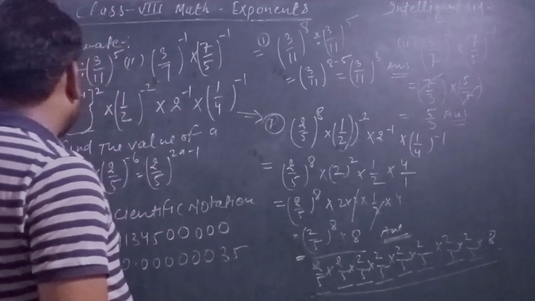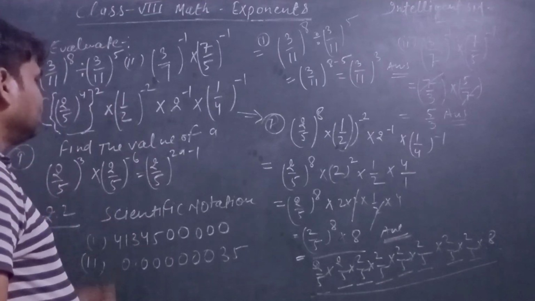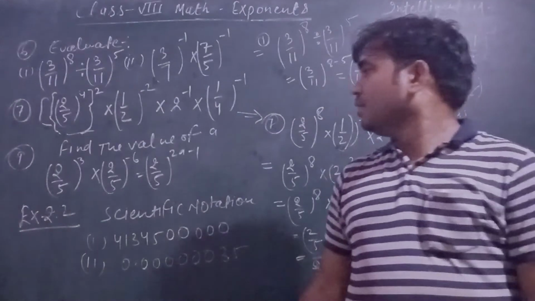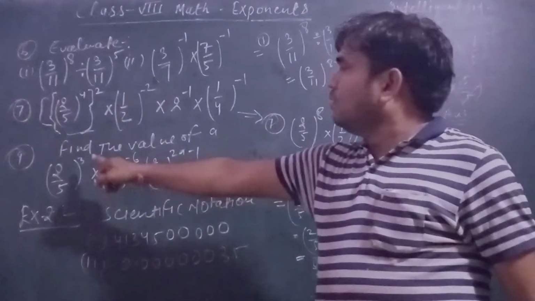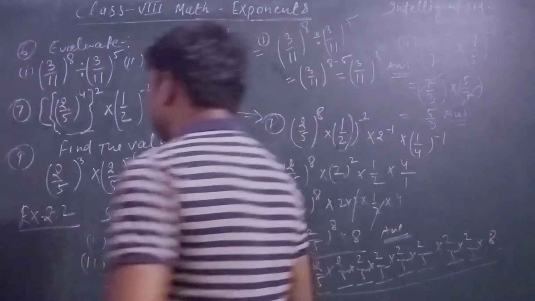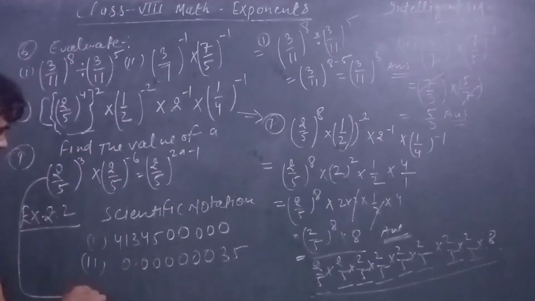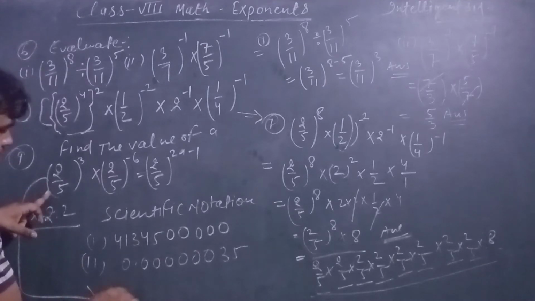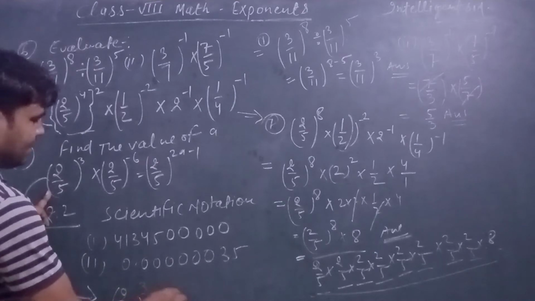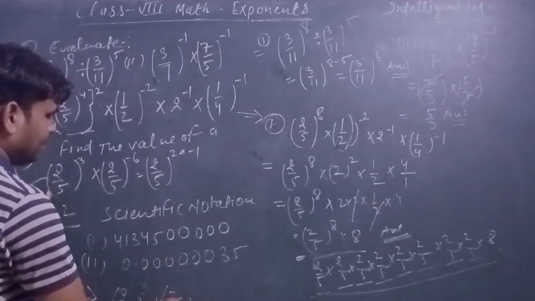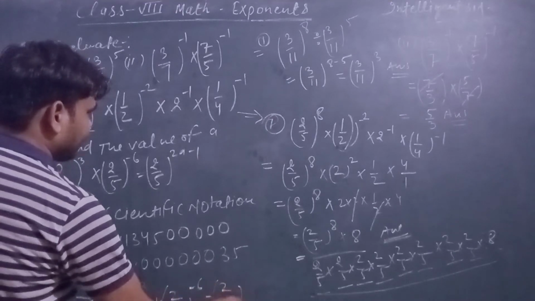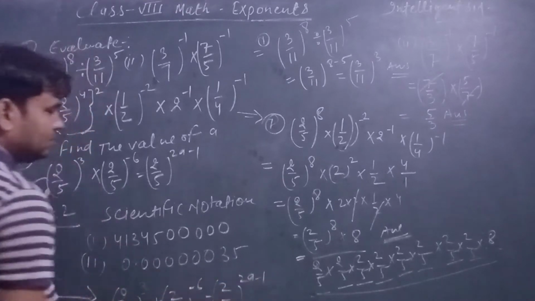And now you can take question number 9, students. Find the value of a. Here: (2/5)^3 multiplied by (2/5)^-6 equals (2/5)^(2a-1).